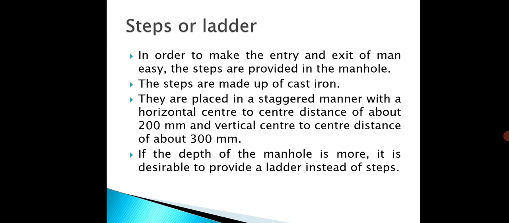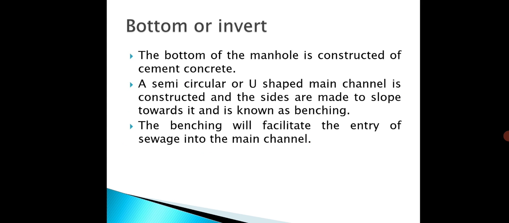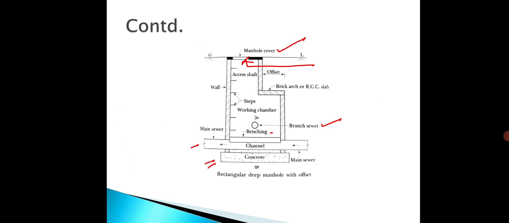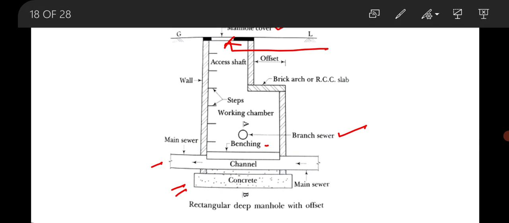Then next part is steps or ladder. In the diagram you can see the steps. In order to make the entry and exit of a man easy, the steps are provided in the manhole.